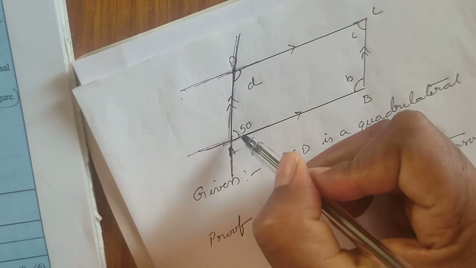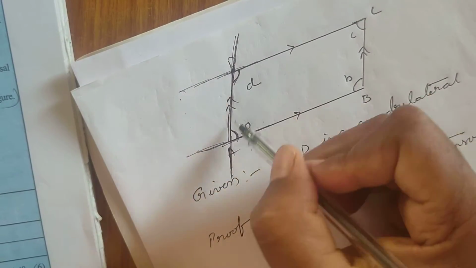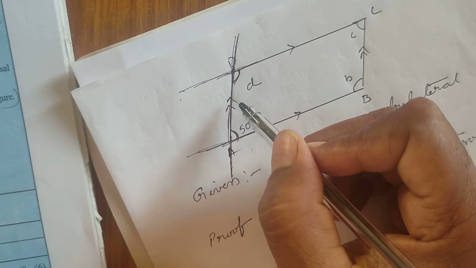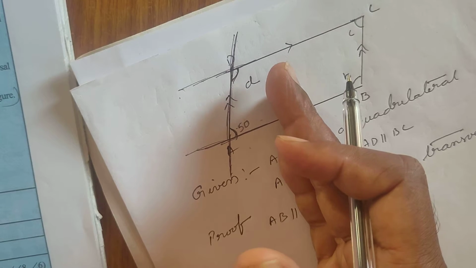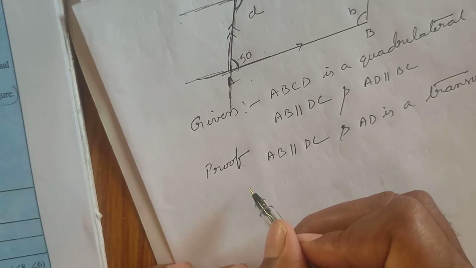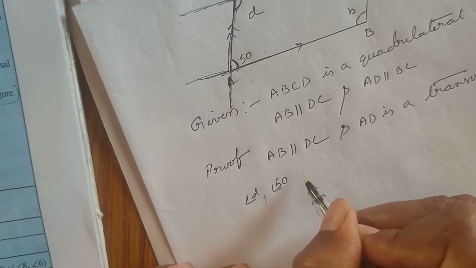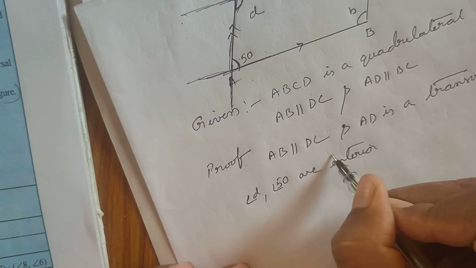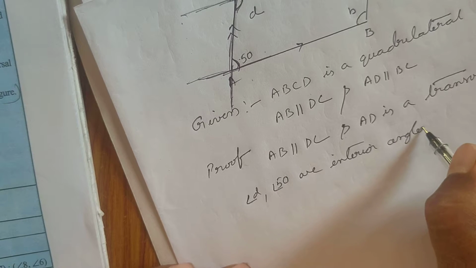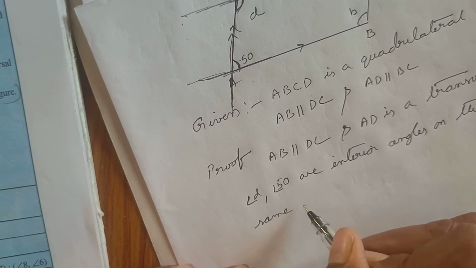Then what are these two angles? These two angles are interior angles on the same side of the transversal. So here angle D and angle 50 are interior angles on the same side of the transversal.